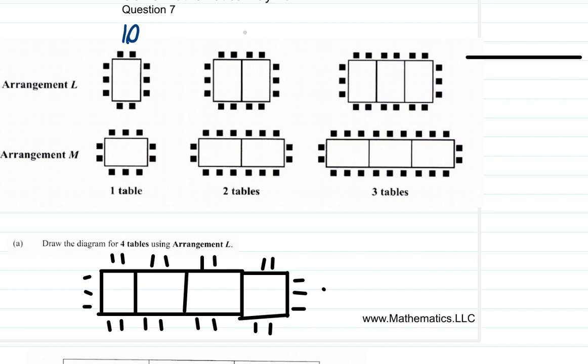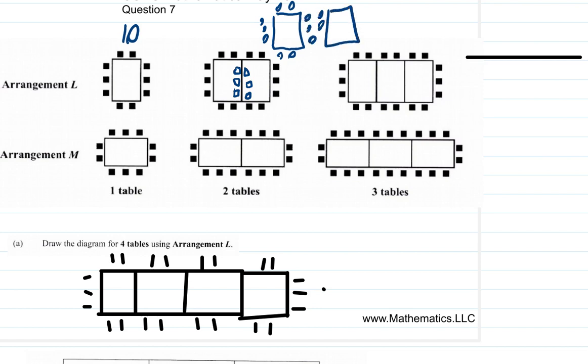10 chairs. Now, when you have two tables together, when they were separate tables, you would have 3 for this table and 3 for this table, right? If they were separated, you'd have something like this: 2, 2, 3, 3.